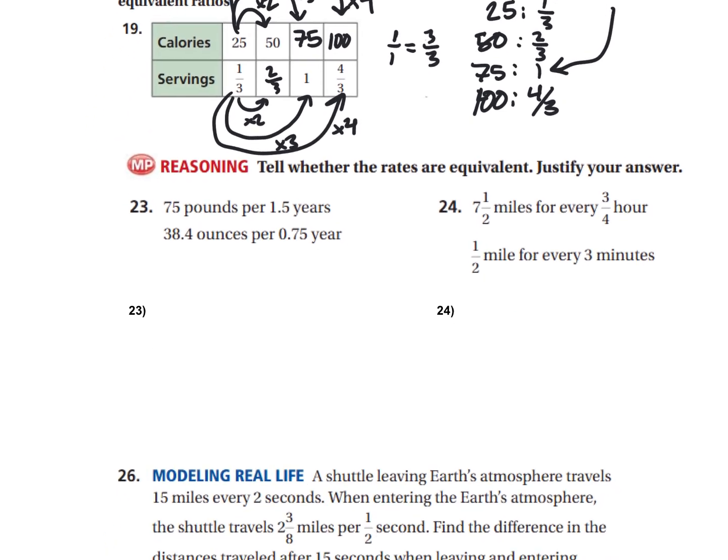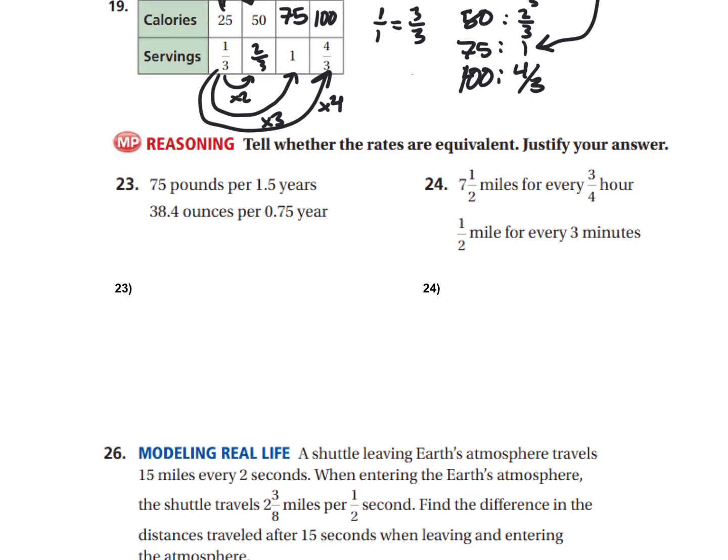All right, number 23 and 24, tell whether the rates are equivalent. So when I go through and find the unit rate, these should match up the same. Yep. So for this first one, I've got 75 divided by 1.5, right? If I do that on my calculator, that's going to get me 50. 38.4 divided by 0.75.